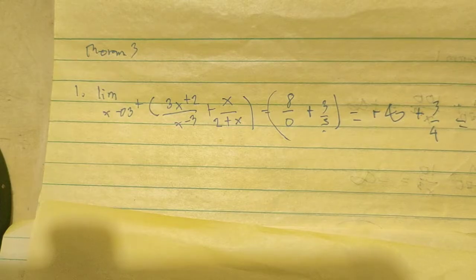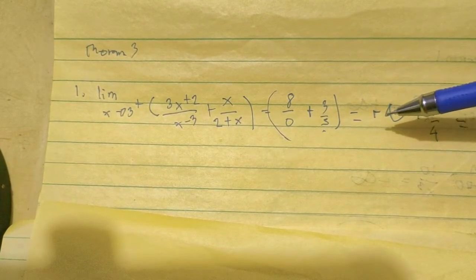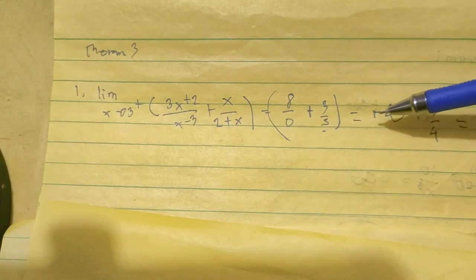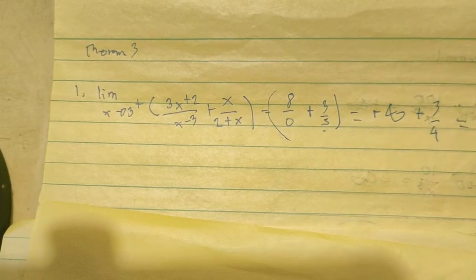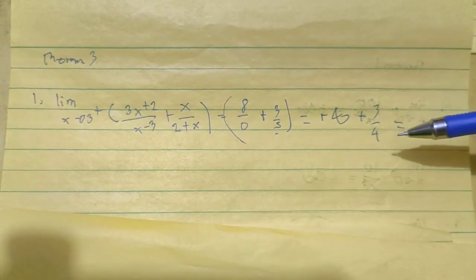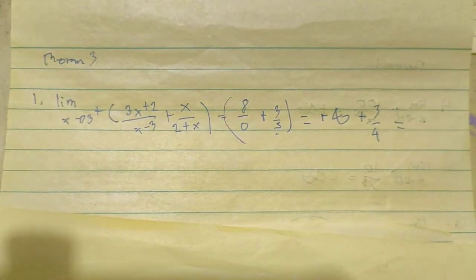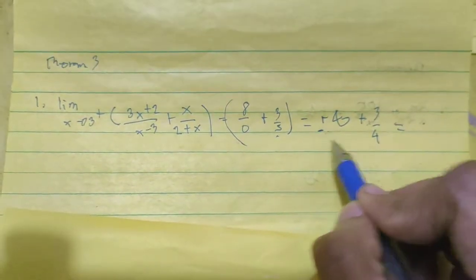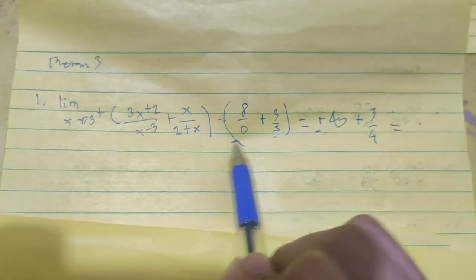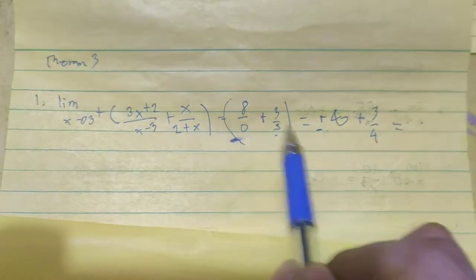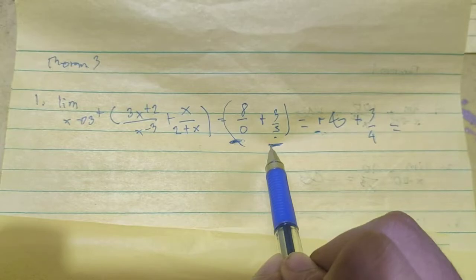So, if we add this one, positive, this is a shortcut. Positive plus positive is equal to positive, right? So, we have positive infinity from this one, and it's also positive infinity.